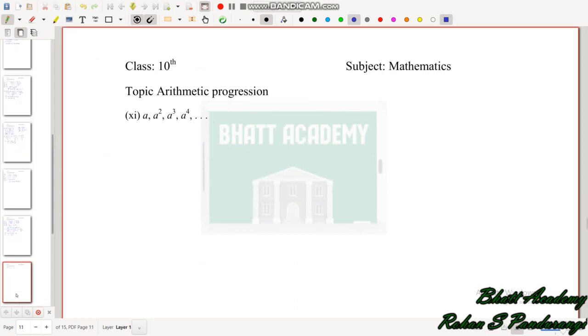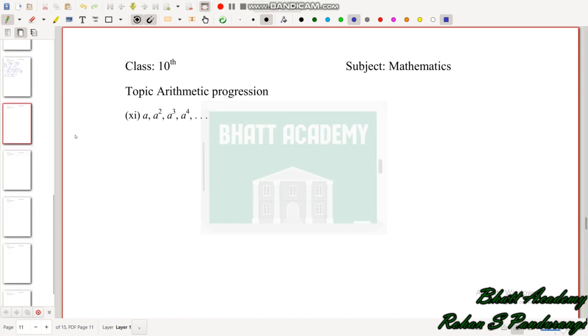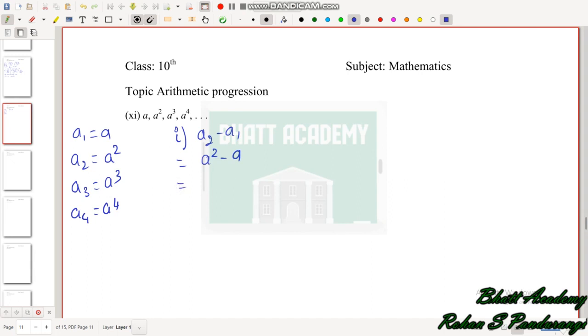Okay, so now next problem ಹೋಗೋದಾಯ್ತು ಅಂದ್ರೆ, this is bit interesting. First term is a, second term is a square, third term is a cube, and fourth term is a to the power 4. First condition ಅನ್ನು ಚೆಕ್ ಮಾಡಿ, a2 minus a1, that is a square minus a ಬರುತ್ತೆ. ಇವೆರಡರಲ್ಲೂ a ಕಾಮನ್ ಇದೆ, ಅದನ್ನ ತೆಗೆದೆ ಅಂದ್ರೆ a minus 1 will be in the bracket.